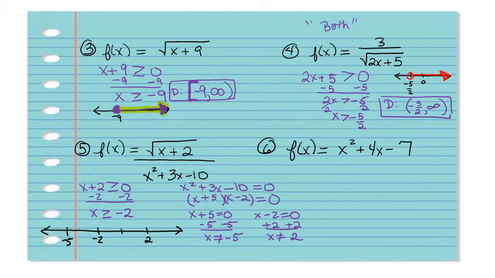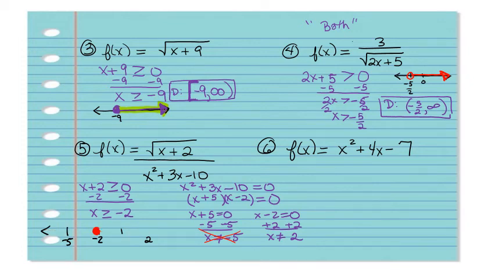And so what that does is it basically gets rid of this negative 5. I don't have to worry about that because x has to be greater than or equal to negative 2. So we're looking at negative 2 and greater. But it says x can't equal 2, so then I have a hole right here.